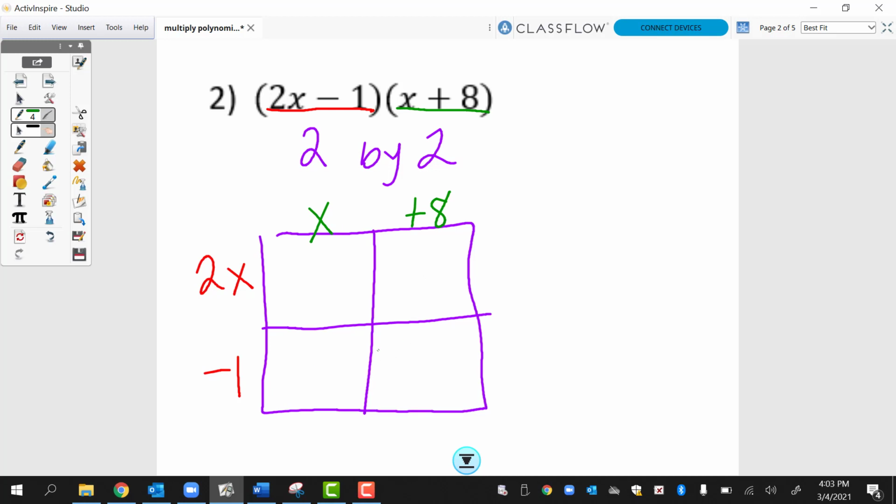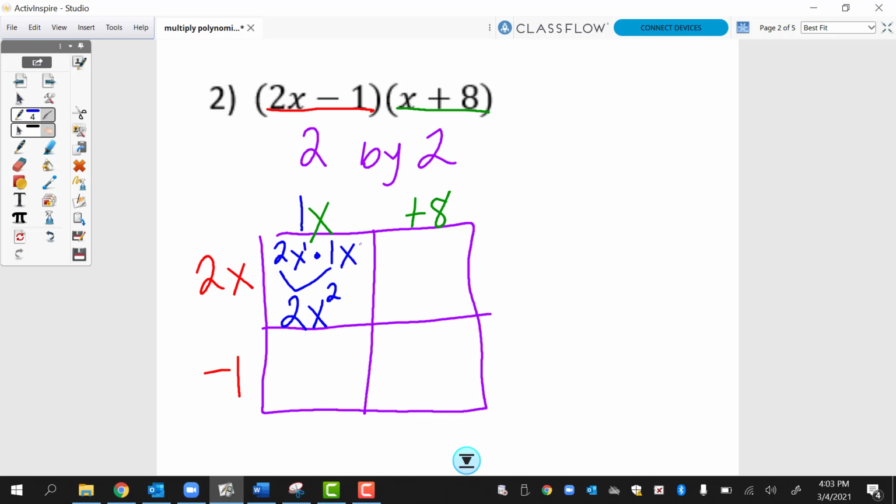Okay, so this is how we keep ourselves organized. Which of these things should I be multiplying together? This helps keep us organized. So in this box, we're doing the 2x times what's up here, 1x. So I multiply the big numbers, 2 times 1, that's 2. I have an x here and an x here. How many x's is that? 2 x's, so that's x to the 2 power.